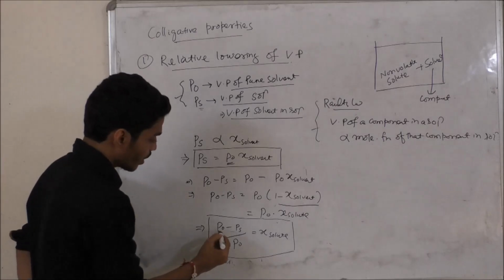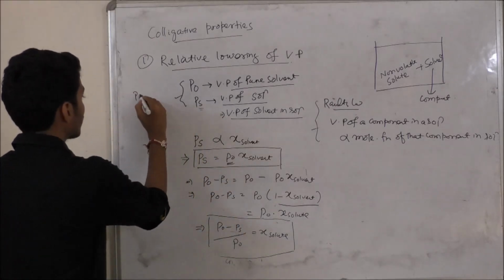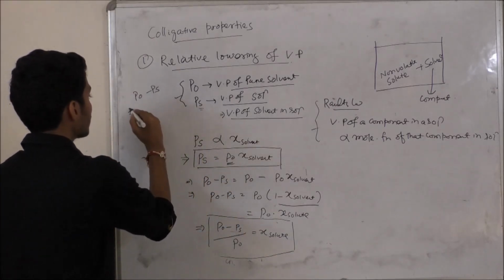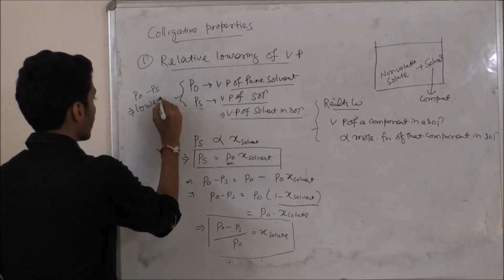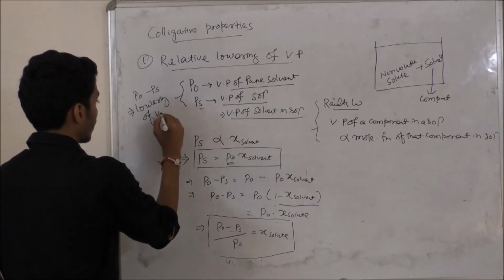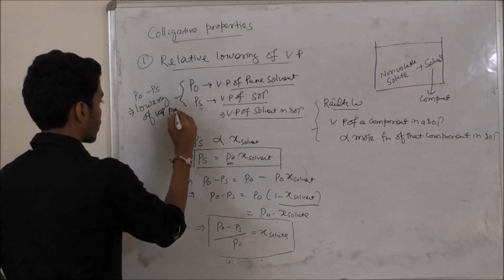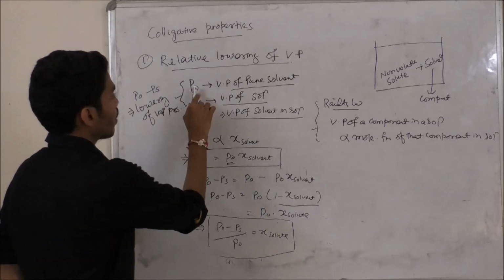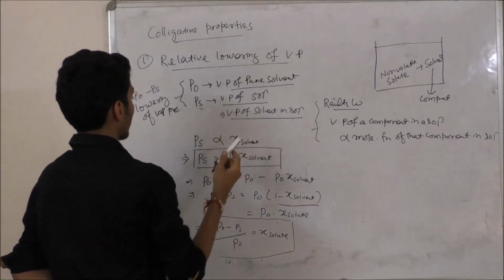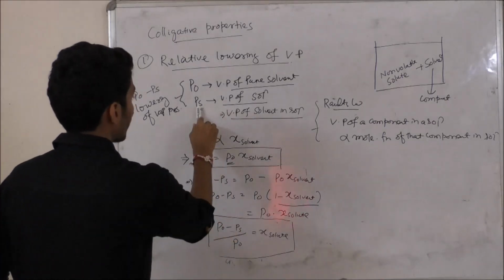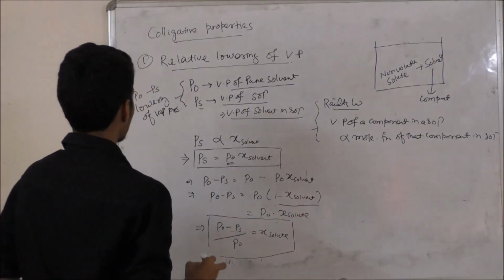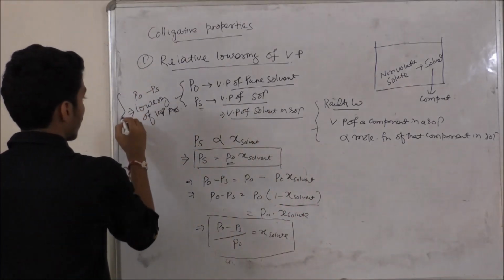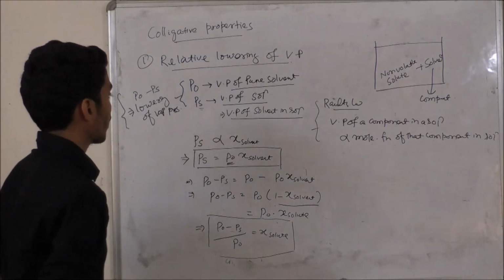And see here, this P naught minus PS is lowering of vapor pressure. Why? Because P naught is the vapor pressure of pure solvent, and PS is the vapor pressure of solution. So P naught minus PS is the lowering of vapor pressure.